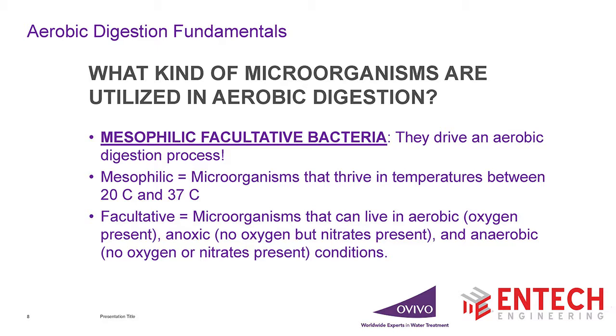In terms of the microorganisms, we're using basically the organisms that we've grown in our biological treatment process. They're mesophilic, and this is important from a temperature perspective. Mesophilic refers to the temperature range over which they can and ideally function, so basically up to about 35 degrees centigrade.